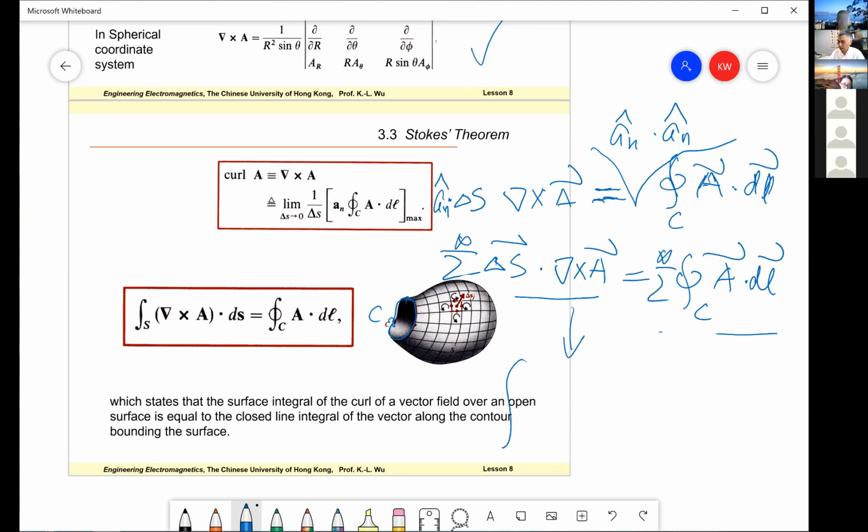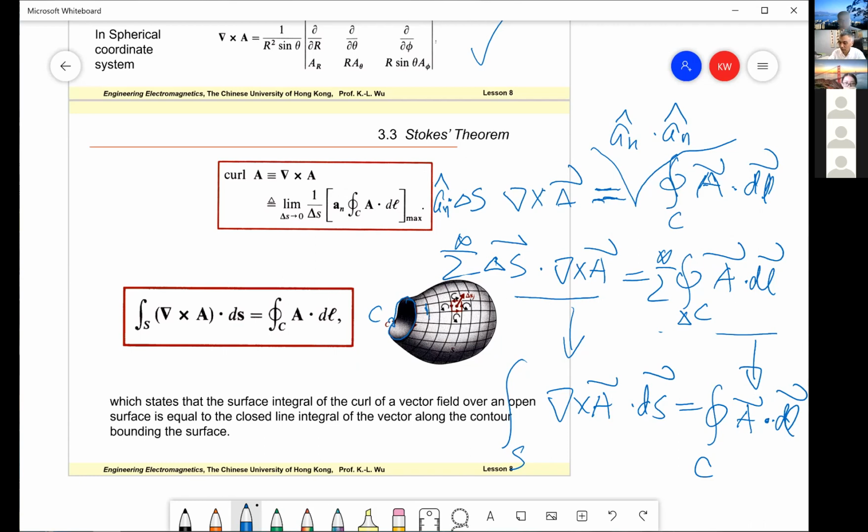Then the collection becomes a surface integration, so delta S becomes dS. And on this side it becomes a total line integration of vector A, but this C is what remains after all the internal boundaries cancel each other.